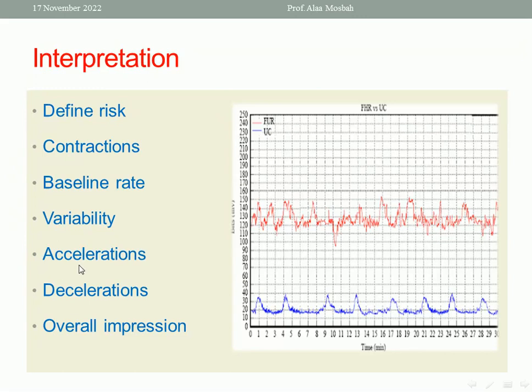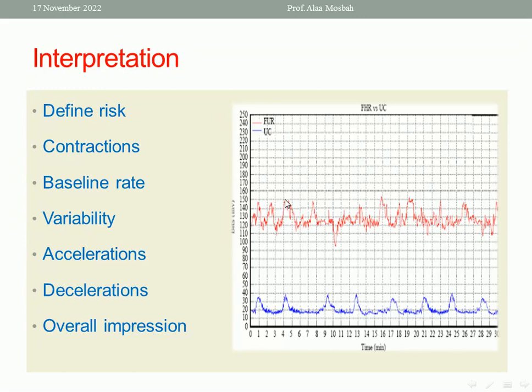Then go to the next item, which is acceleration. Acceleration means an abrupt increase in fetal heart rate equal to 15 beats per minute or more, lasting for more than or equal to 15 seconds. Okay, this is acceleration, this one acceleration, this one acceleration.